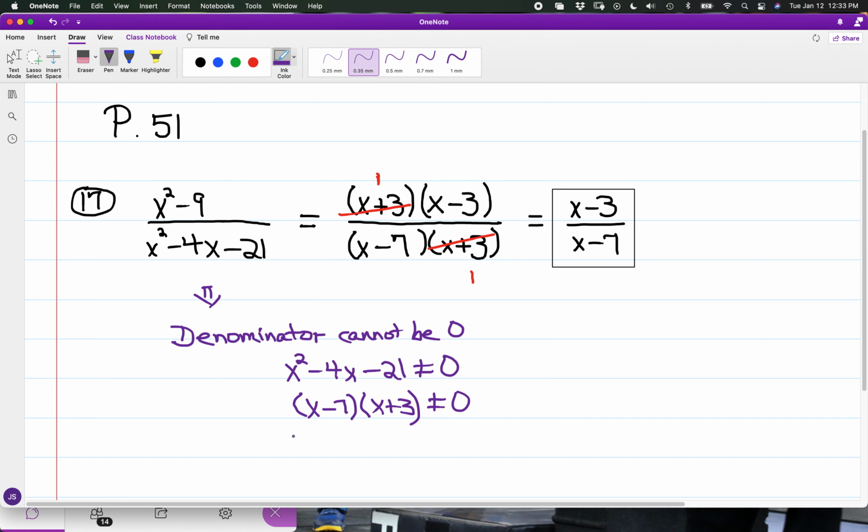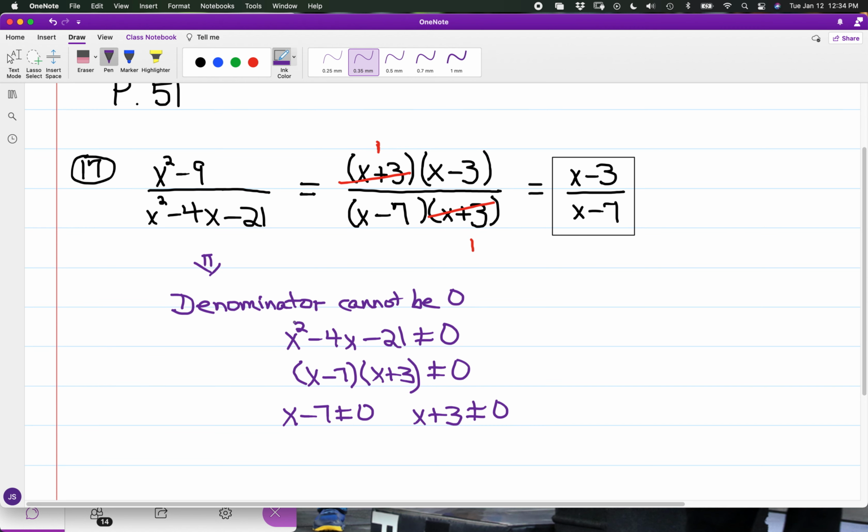This cannot be 0. So x minus 7 cannot be 0, and x plus 3 cannot be 0. So with the restriction that the denominator cannot be 0, that means the factors cannot be 0 either.